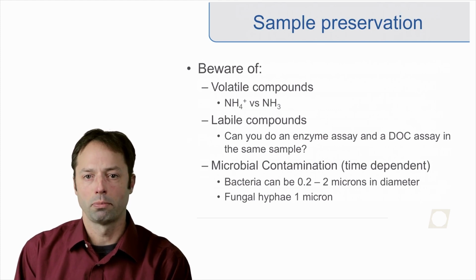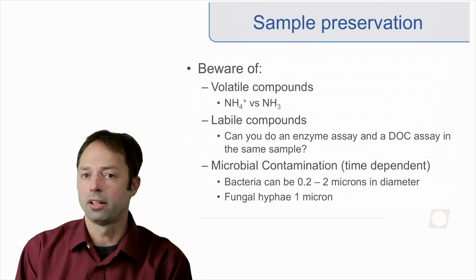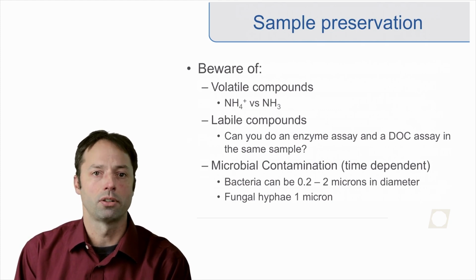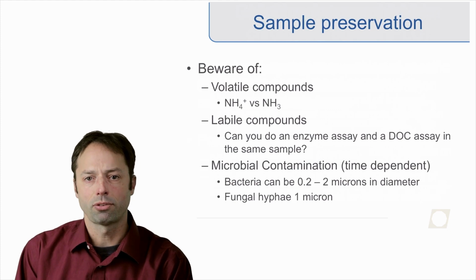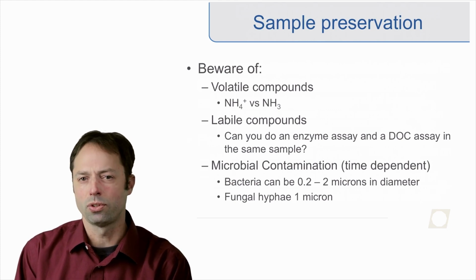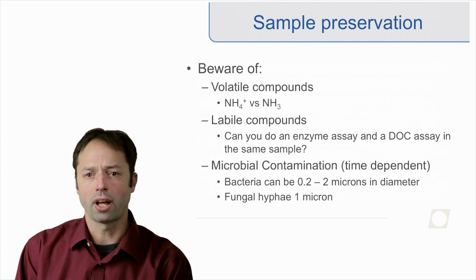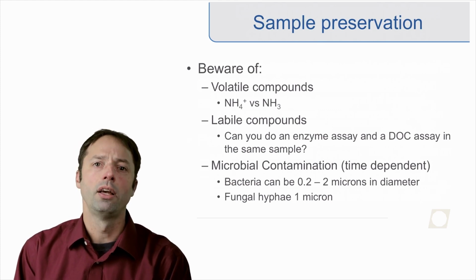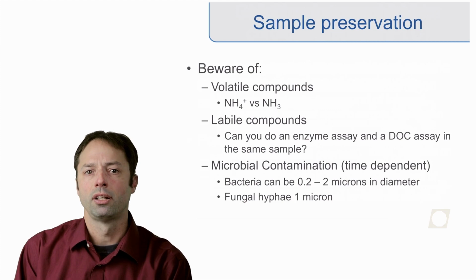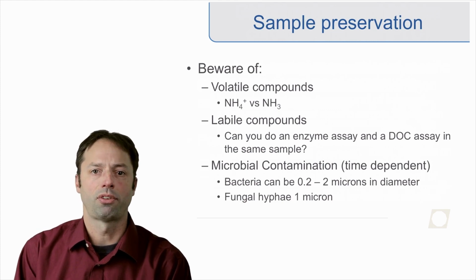And microbial contamination is something that you do need to take into consideration depending on what substrate you're looking at. Bacteria in the soil can be 0.2 to 2 microns in diameter, and fungal hyphae can be down to 1 micron. And some of these can penetrate the pores in the sample cups.